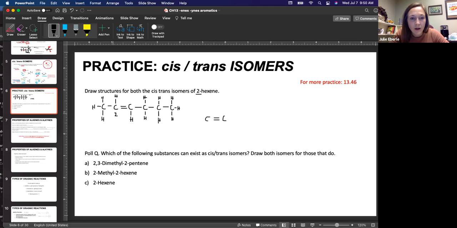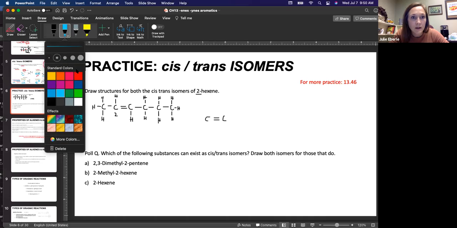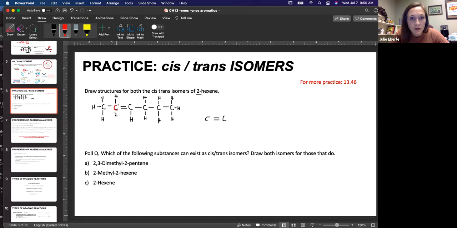Now, off of this carbon, I'm going to highlight it in red. Off of this carbon right here, carbon 2, I have this hydrogen branched off, and I have this methyl group branched off. So I'm going to draw the hydrogen pointing up, and I'm going to draw the methyl group.